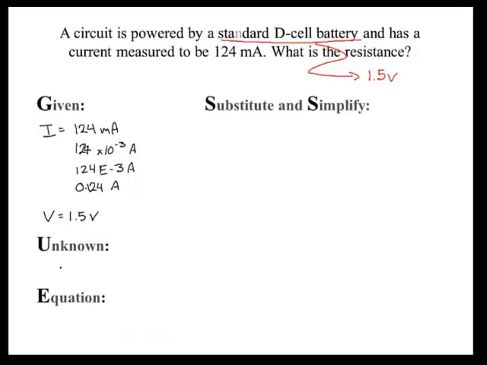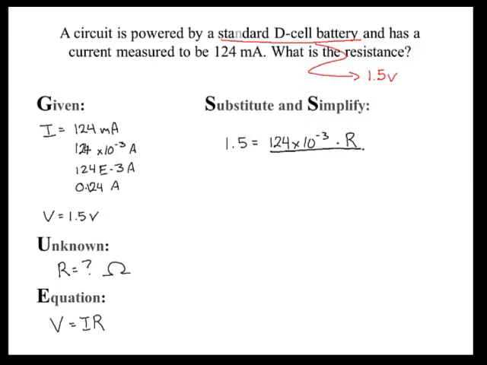The characteristic that we're looking for is resistance, and that's going to be in the unit ohm. And the equation that we are going to use is V equals IR. If I substitute numbers for letters, I know that voltage is 1.5. I know that current is 124 times 10 to the negative 3. But I don't know what resistance is.